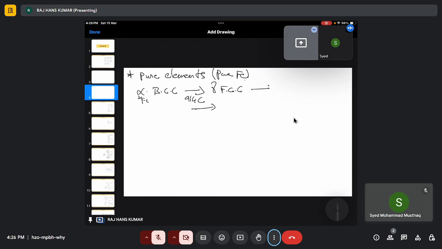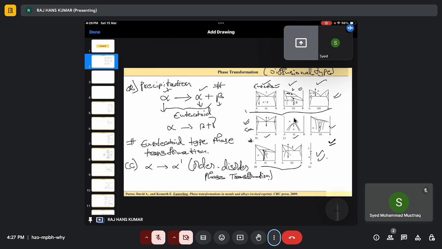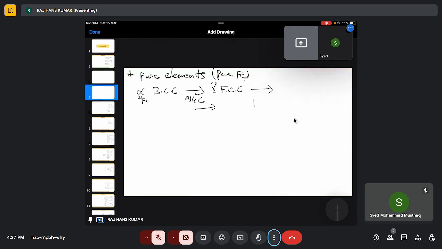Now, when I heat it again, to let's say 1200 or 1300 degrees centigrade, it will turn into delta iron, which is again BCC in crystal structure. When I heat it to about 1536 or 1539, it will turn into liquid.